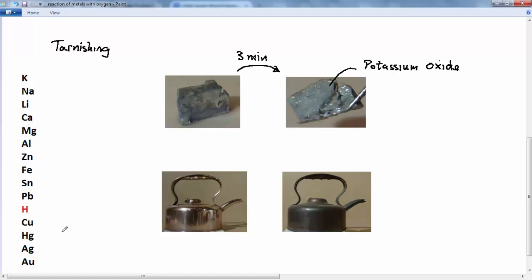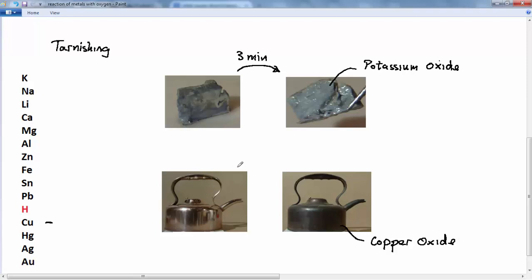Now, in the case of copper, which is down here at the bottom of the table, well, you'd expect the thing to be different. Now, here I've taken a copper kettle, I've cleaned it up so it's nice and shiny. Now, I leave that copper kettle for about 3 months, depending on exactly where you leave it, but slowly it will change colour, and you'll notice that it becomes darker as a layer of copper oxide forms on the surface of the kettle as the copper metal reacts with oxygen in the air around it.